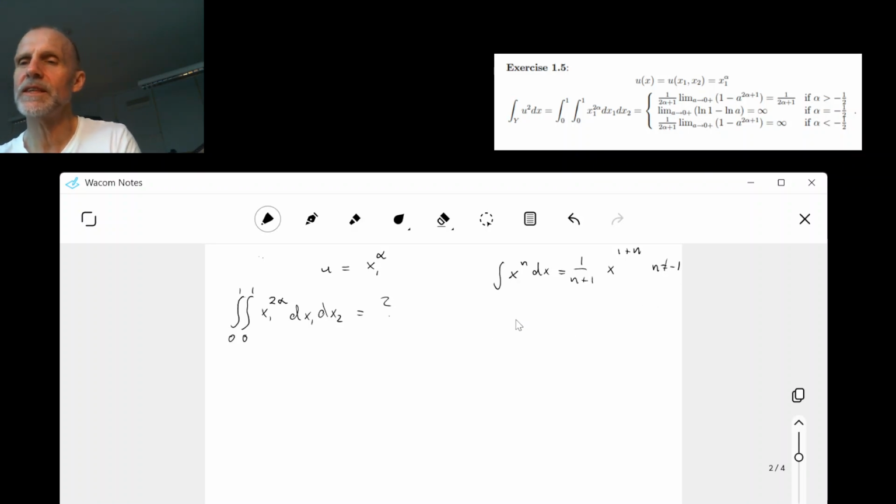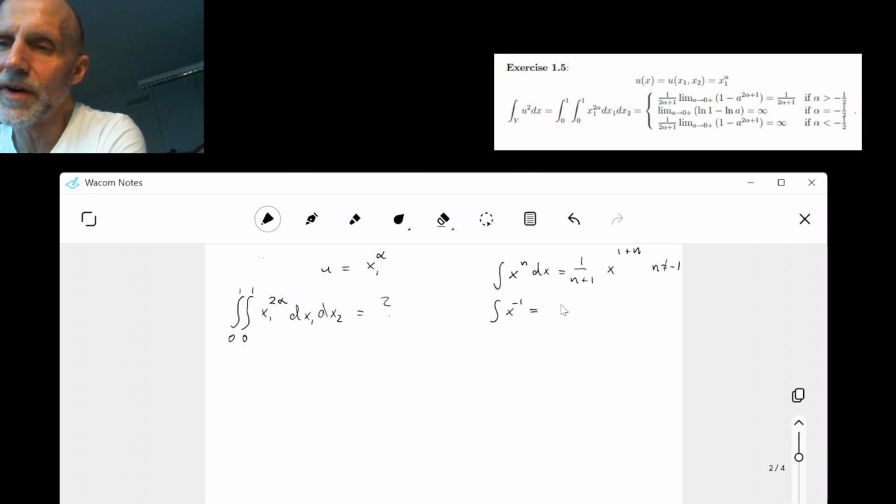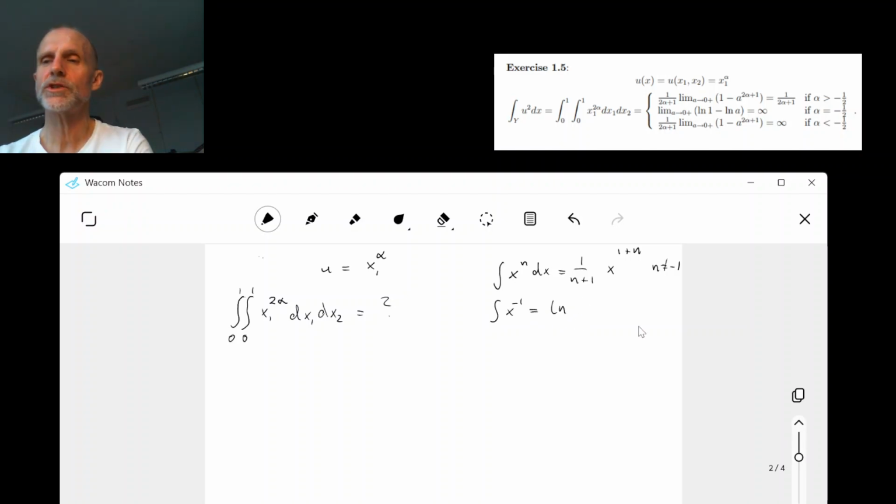If n is equal to minus 1, then the primitive function of x to the power of n is just equal to the natural logarithm of x. So now we are assuming that x is a positive function, so we don't have any problem with negative values here.